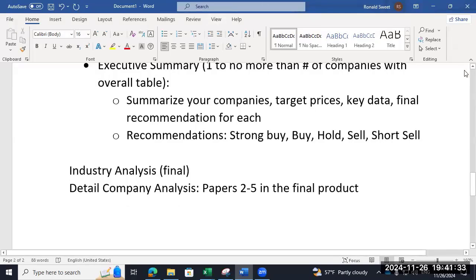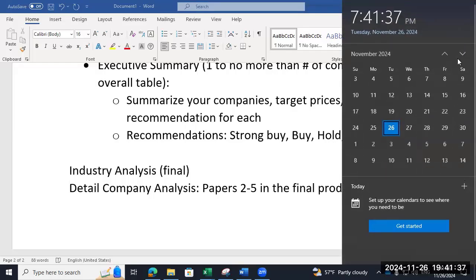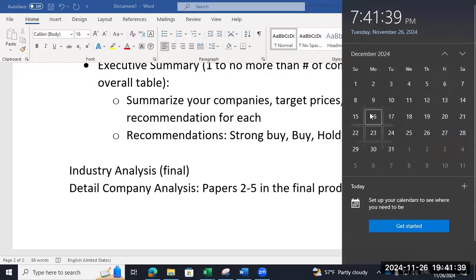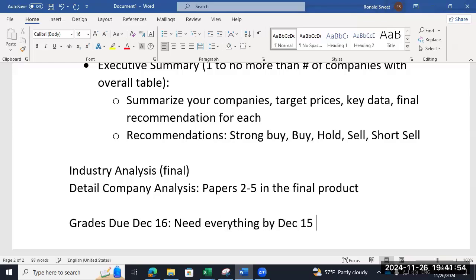So if we look at the calendar, grades are due December 16th. So I need everything December 15th at, say, 6 o'clock.